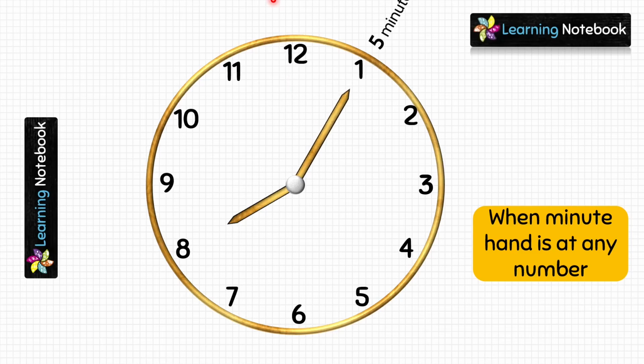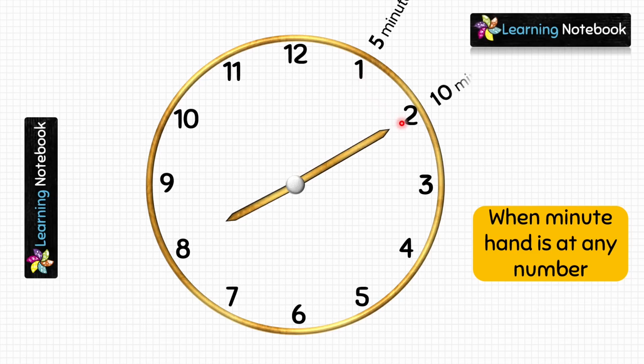So this means it moves from 12 to 1 in 5 minutes. Then it moves from 1 to 2 in another 5 minutes. So students, total time to move from 12 to 2 is 10 minutes. 5 plus 5 equals 10 minutes.